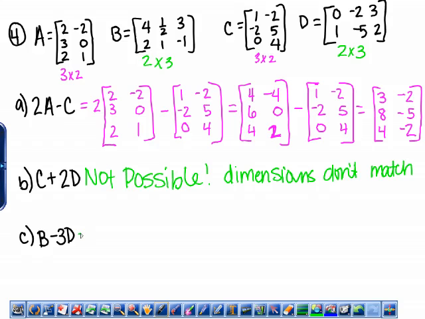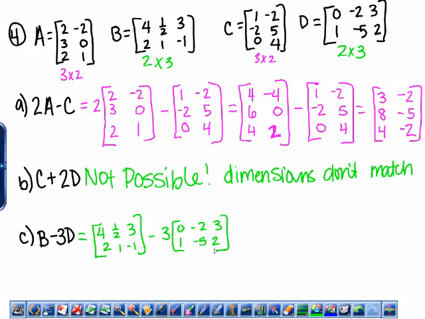Yes. All right. So I've got B minus 3 times D. Okay. You have 2 options here. Those 2 options are to decide if you want to distribute or multiply through a positive 3 and then subtract, or a negative 3 and then add.